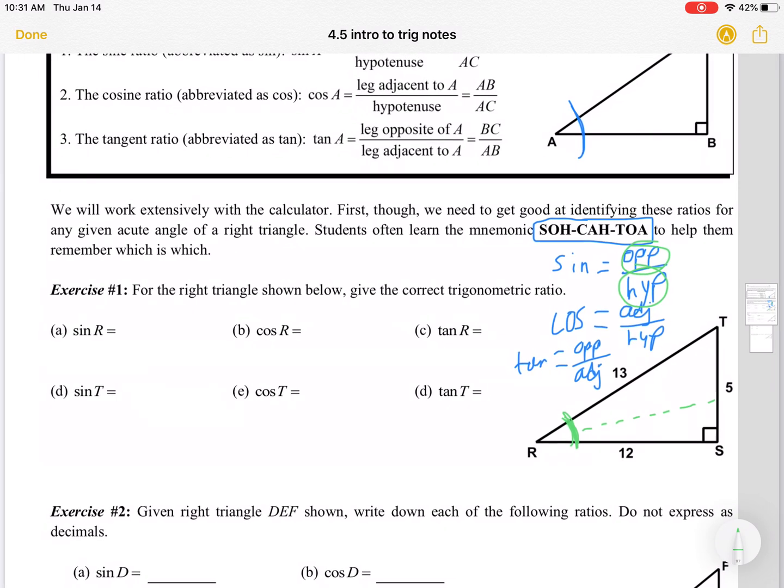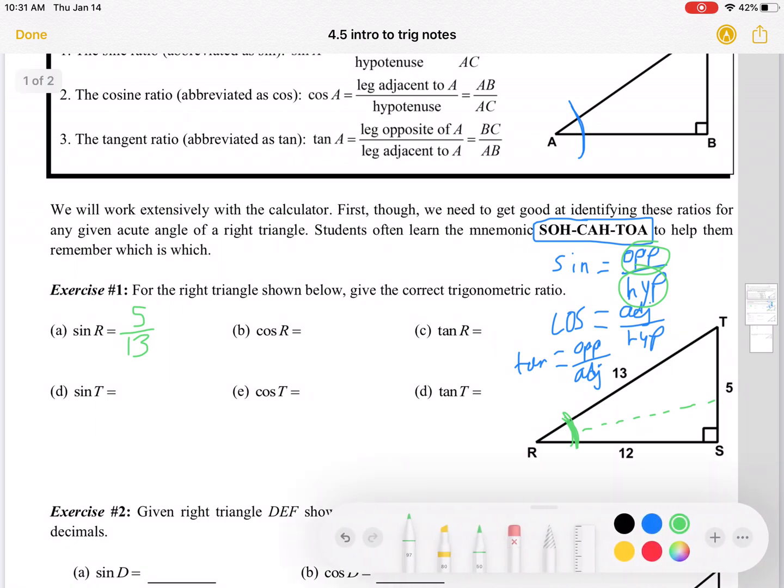So the sine of R is going to be 5 over the hypotenuse, which is 13. That's simply all I have to do. I need to find the side opposite angle R, and then find the hypotenuse, and my ratio is 5 over 13. Opposite over hypotenuse.